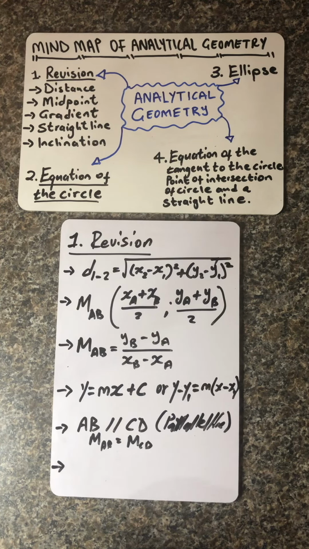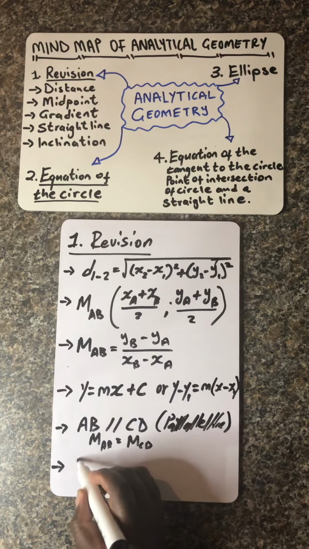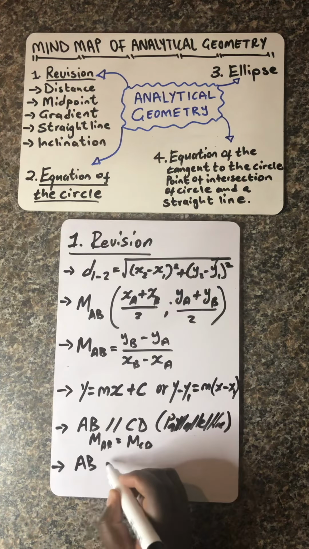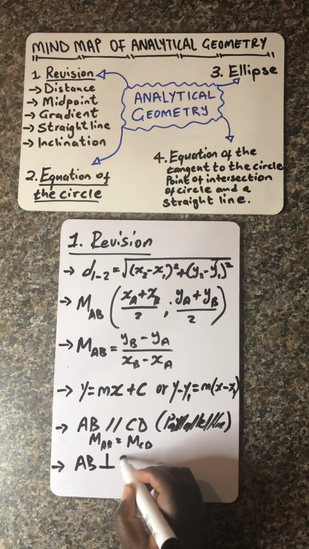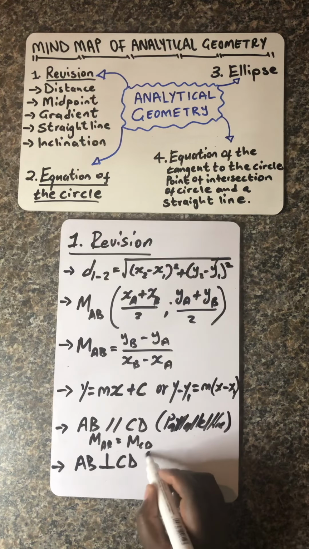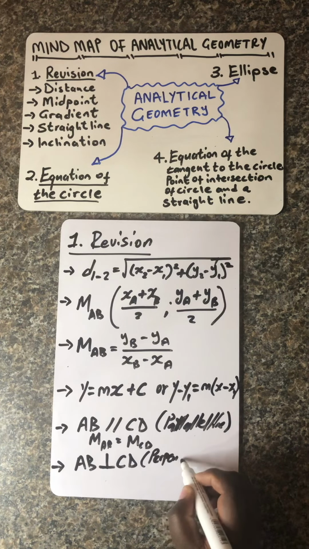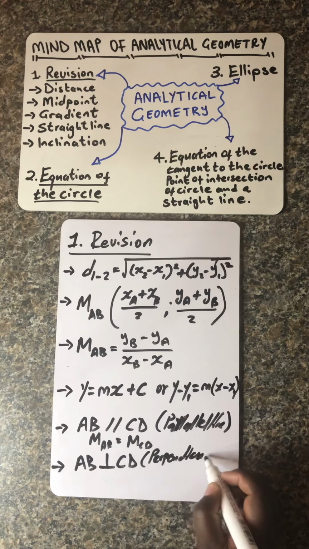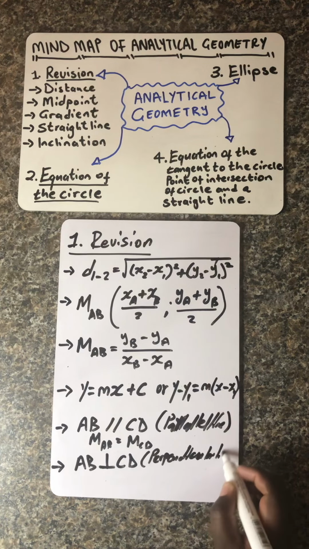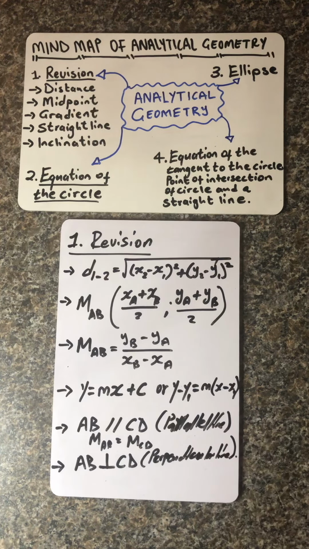And again, we've got perpendicular lines. You might have line AB being perpendicular to line CD. What is it that we know about perpendicular lines?